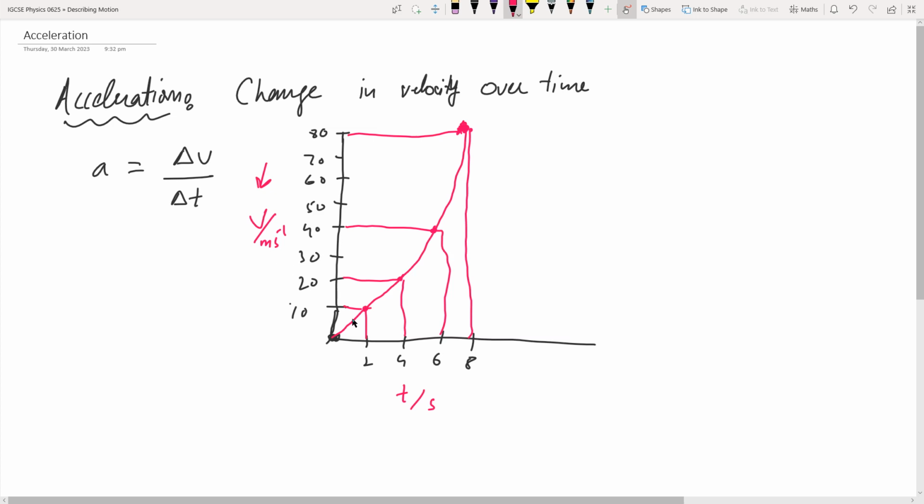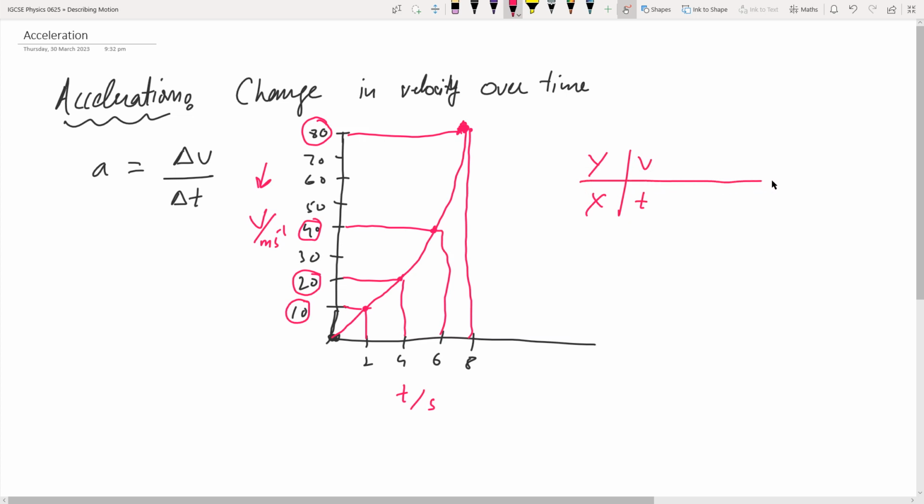So if a car was going at 10 meters per second initially, then it was at 20 in the next 2 seconds, and then in the next two it was at 40. The speedometer read 40, and then the speedometer read 80 in the next 8 seconds. So if we chart it out, let's say we chart y and x, that is v and t.